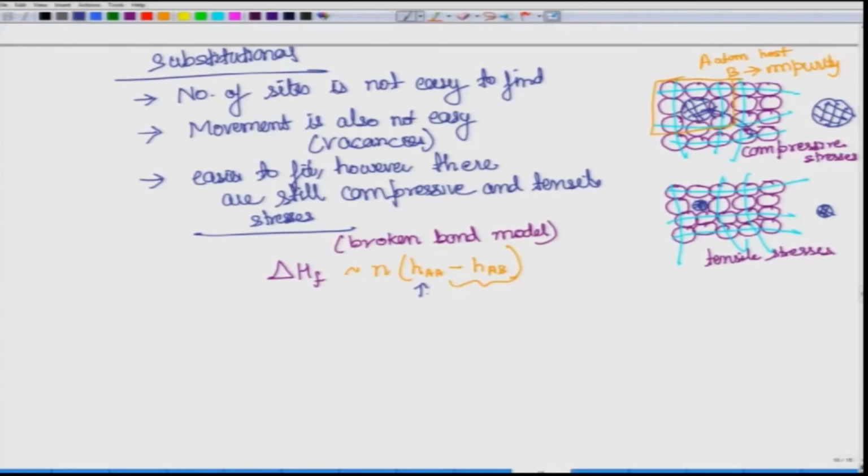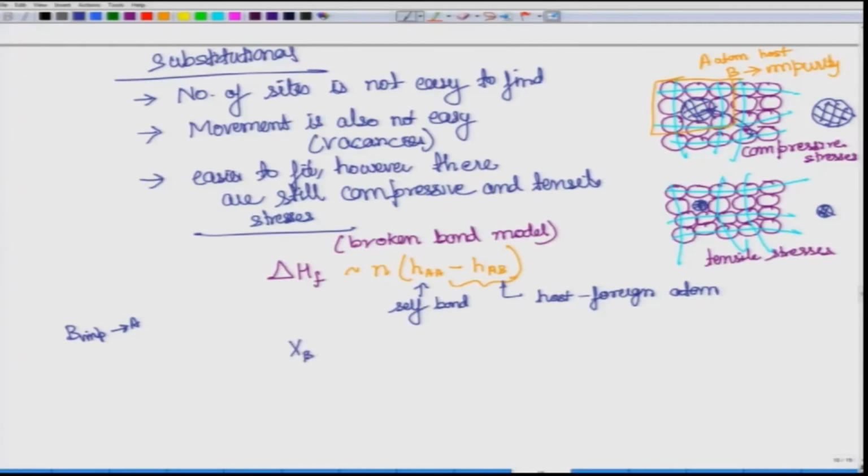So, what is HAA? It is self bonds, meaning between AA atoms. AB is between host and foreign atom. So, for B impurity in A, how will we find the equilibrium concentration?